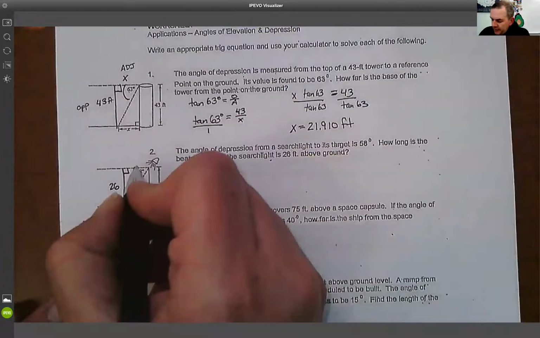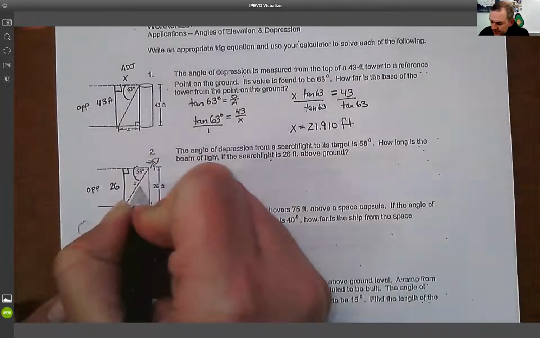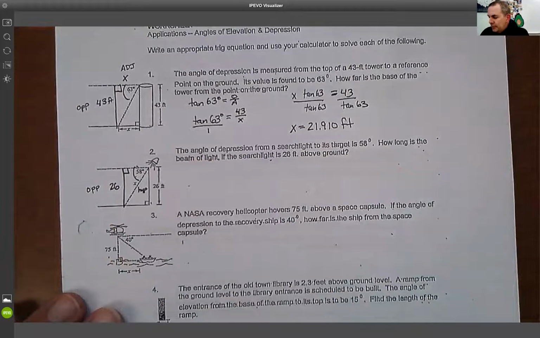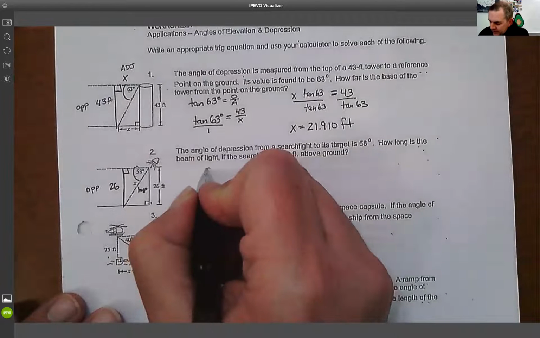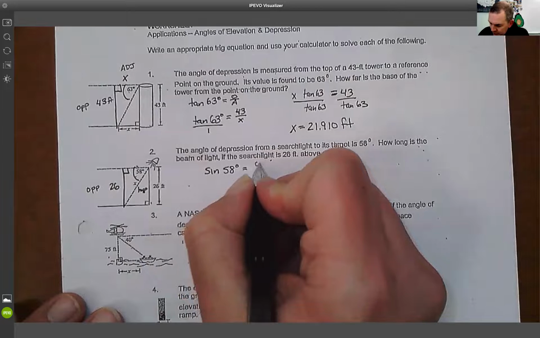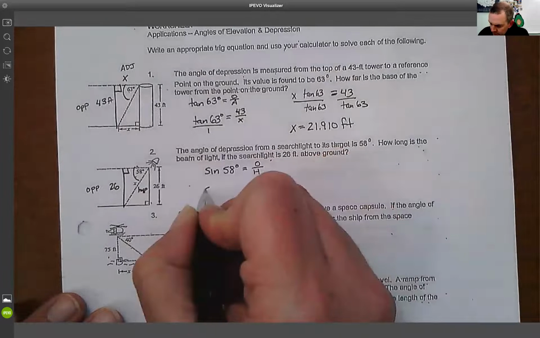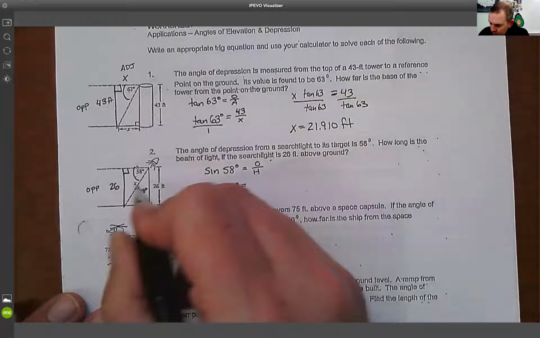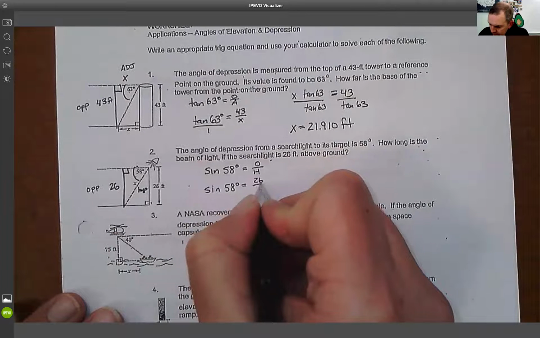Here we have the opposite, but in this case we're looking for the hypotenuse. Opposite and hypotenuse is sine. So sine of 58 degrees equals opposite over hypotenuse, which is 26 over x.